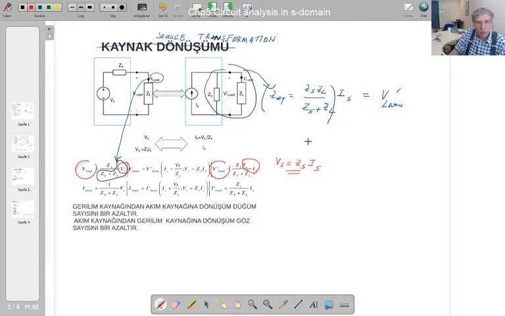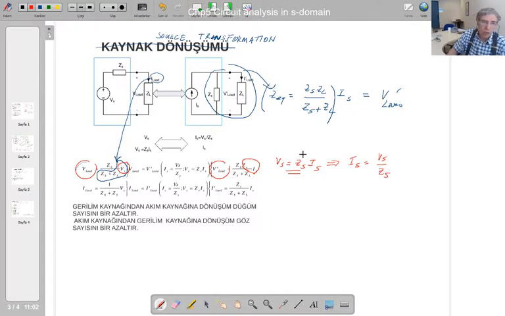So the conclusion is simple. If you've got that connection on the left hand side and I replace it with an independent current source and an impedance in parallel, which has the same value as the serial impedance, then the IS value must be equal to VS over ZS.